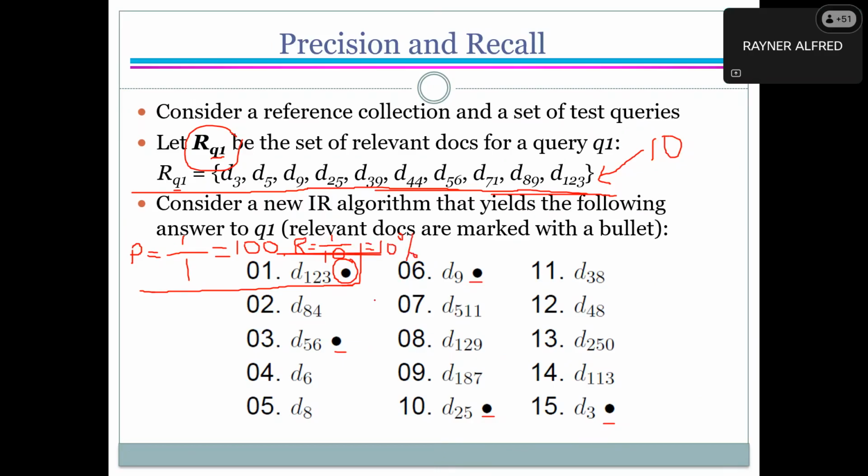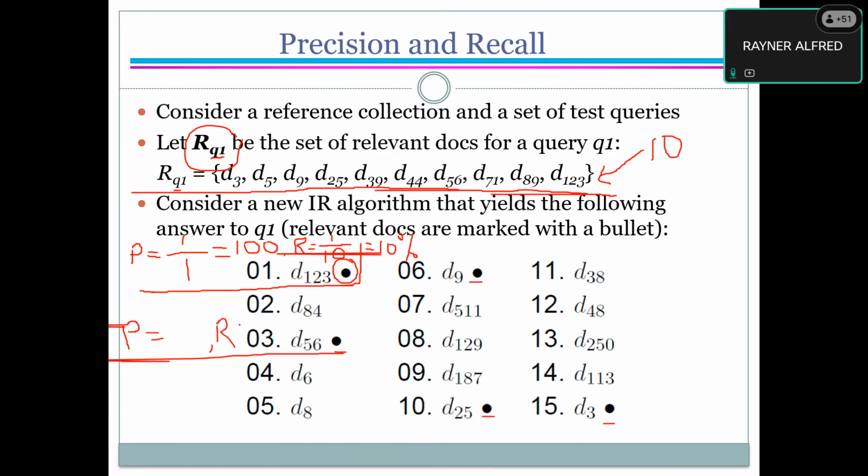Okay. So we do it again here. What is the precision here? Anyone? Don't be shy to answer. Test your knowledge. What is the precision? And what is the recall?